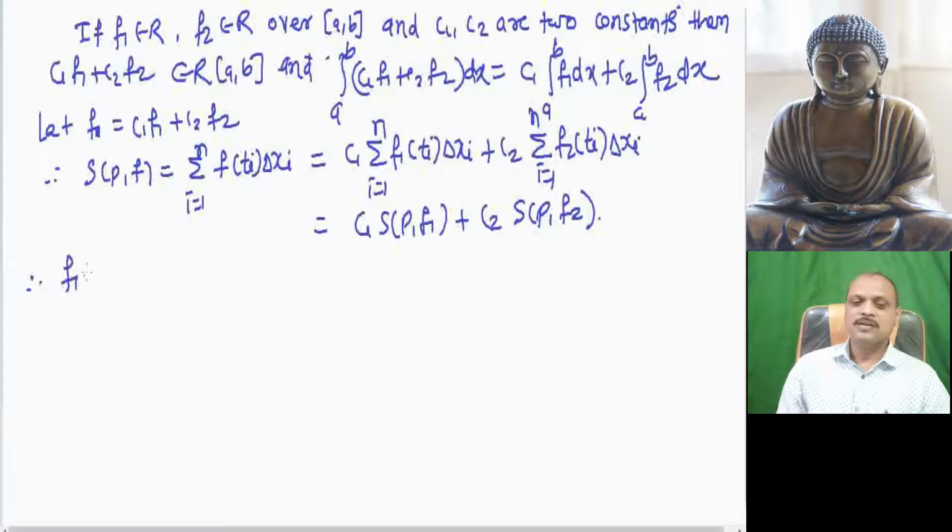What is given? f1, f2 are Riemann integrable over the interval.